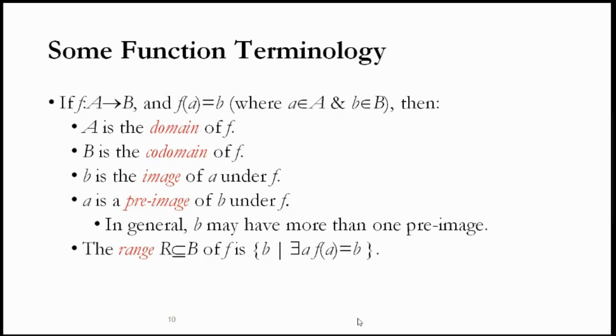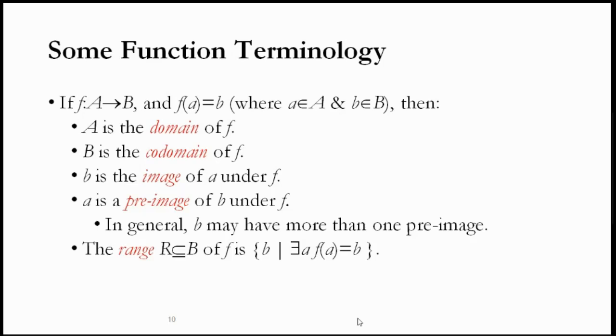As I told you, x, y means x is said to be the domain and y is said to be the codomain. Codomain means all possible outputs that can be written. So small b is the image of a under f. Okay, a is the pre-image of b under f. So these are the various terminologies that we'll use in the function.